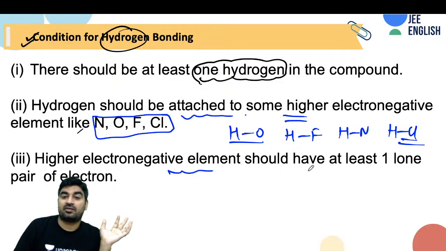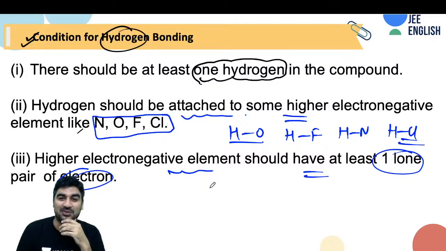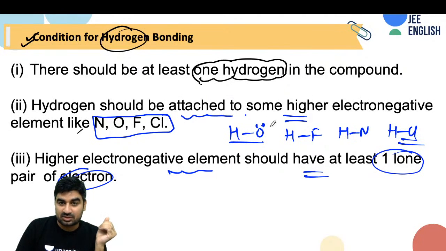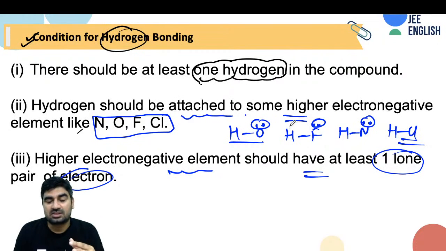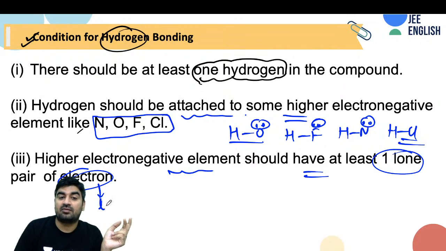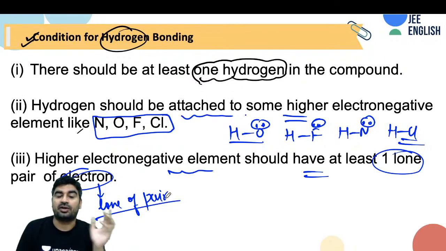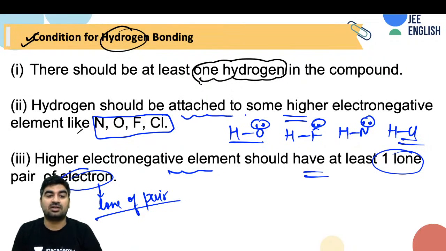The highly electronegative element should have at least one lone pair of electrons. So oxygen, fluorine or nitrogen, yes, I'm talking about not just these three. Whenever hydrogen bonding will take place, there will be hydrogen and one more element, and that second element should have a lone pair of electrons. So note it down.